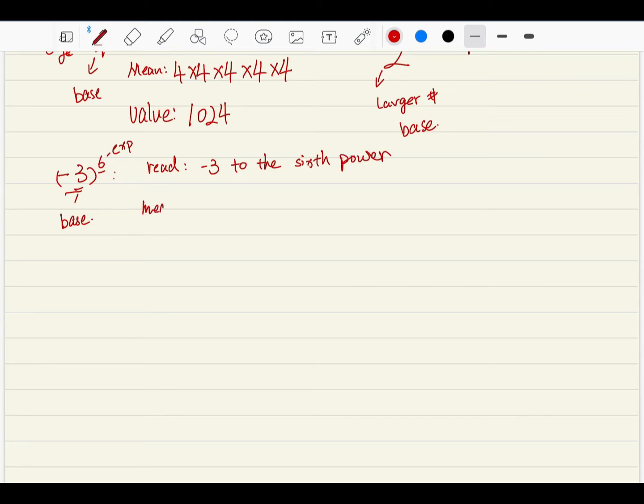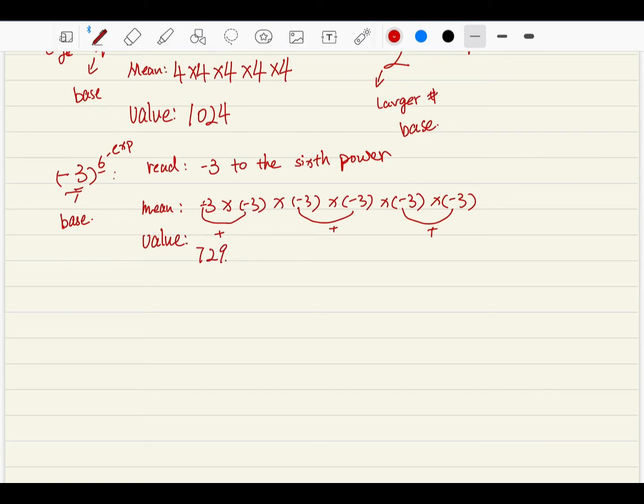For the meaning, it means -3 times -3 times -3 times -3 times -3 times -3, 6 times. For the value, a negative times a negative equals positive, so each pair is positive, and the result is positive. The value is 729.